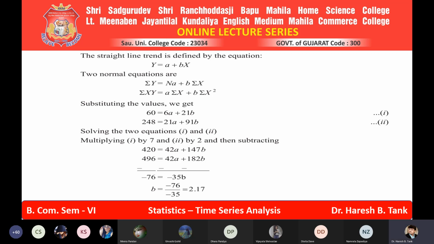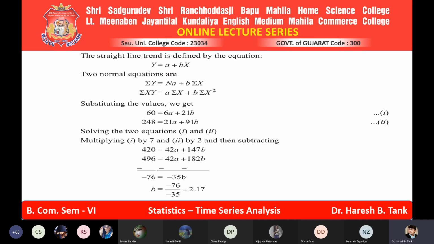So to make this coefficient same, the first equation is multiplied by 7 and the second equation is multiplied by 2 to make the coefficient of a the same. 6 and 21: 6 is 3 multiplied by 2 and 21 is 3 multiplied by 7. 3 is common, so 7 and 2.